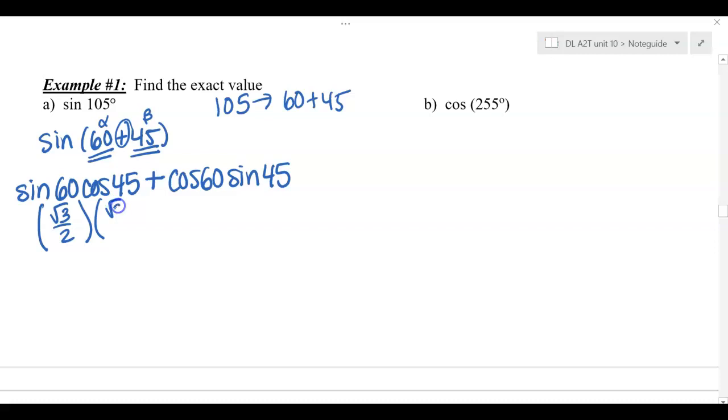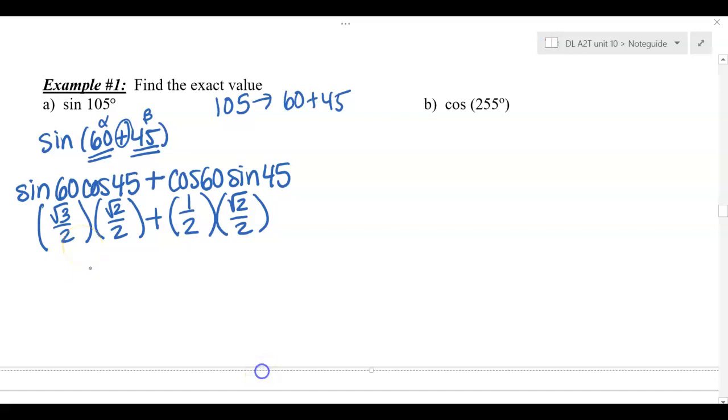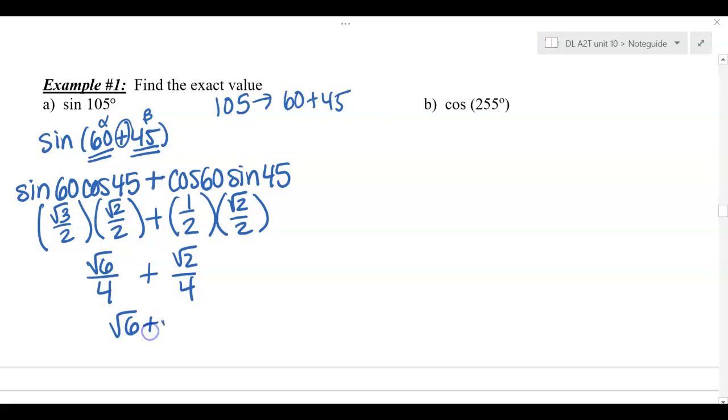The cosine of 45 is rad 2 over 2. The cosine of 60 is 1/2. The sine of 45 is rad 2 over 2. So I'm going to multiply each set of fractions together that can be multiplied together. So this is rad 6 over 4 and rad 2 over 4. And so my final answer here, most simplified I can get, leaving the exact value, is rad 6 plus rad 2 over 4.